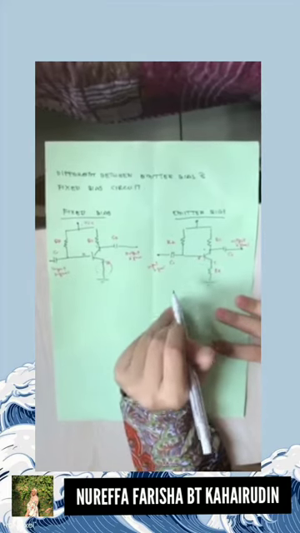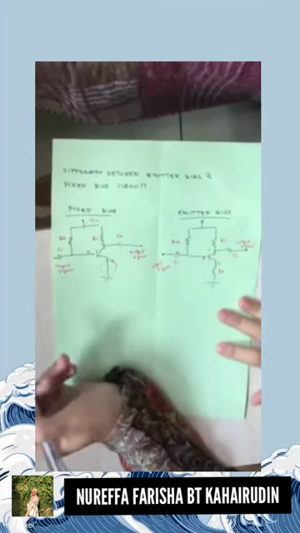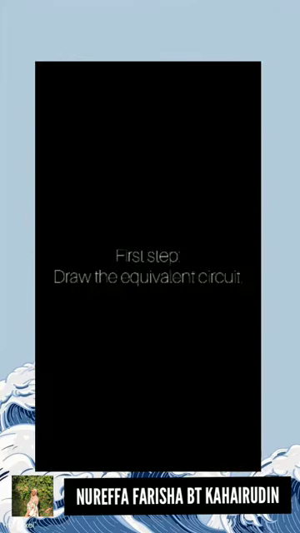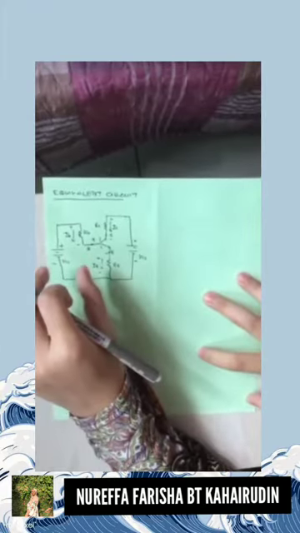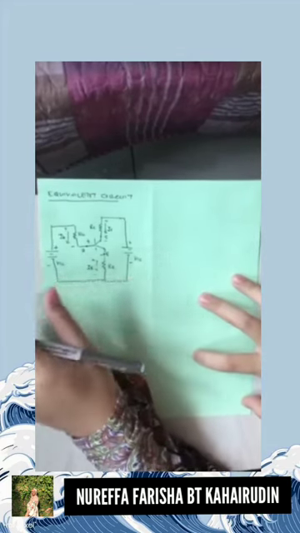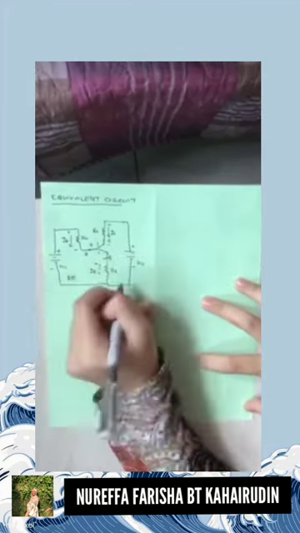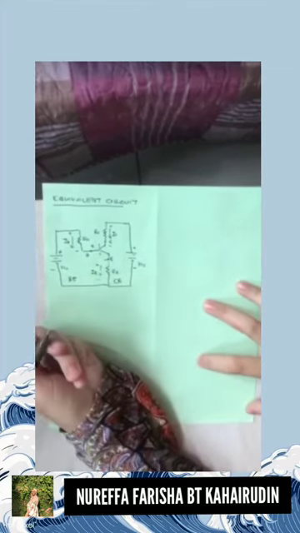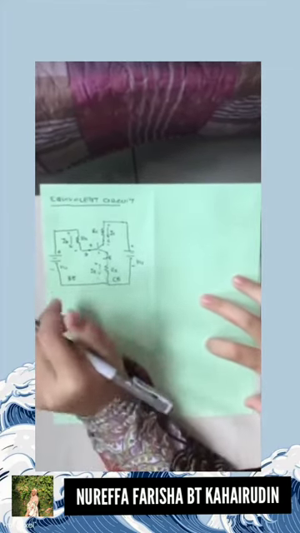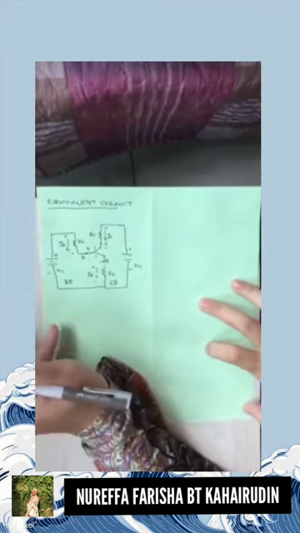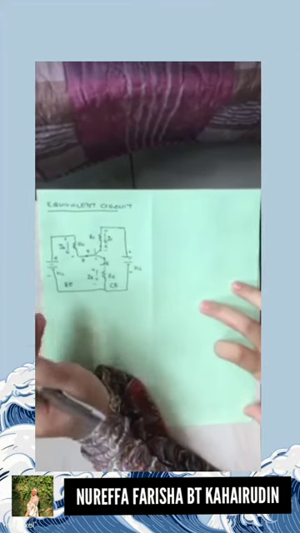So firstly, we have to draw an equivalent circuit. After drawing the equivalent circuit, we have to separate the circuit into the BE loop and CE loop. It is easier to find the values the question asks for.